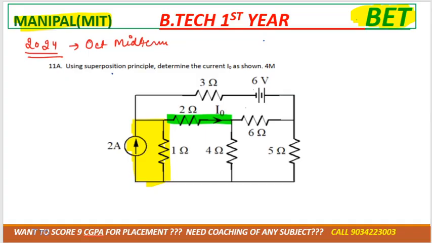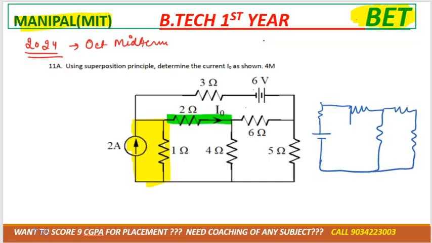Converting the current source to a voltage source would be easy, instead of converting the voltage source to a current source, because if we convert this current source into a voltage source, then our one mesh decreases. Correct? In that case the diagram would be like this.